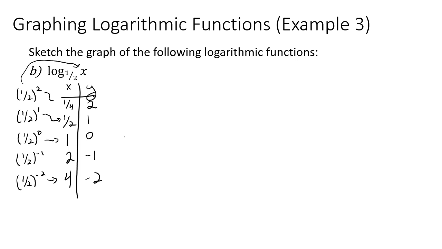And so let's take a look at the shape that we get this time around. My x values still just go up to 4. My y values this time, -2 to +2.